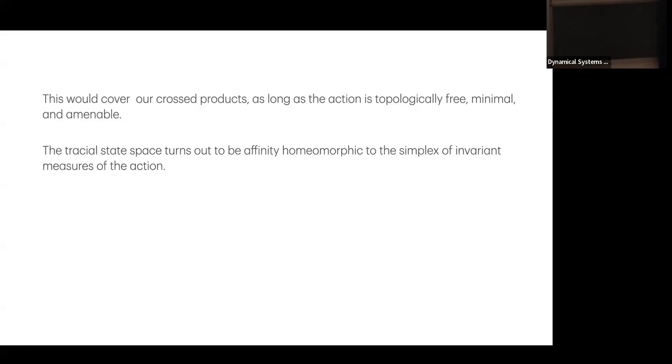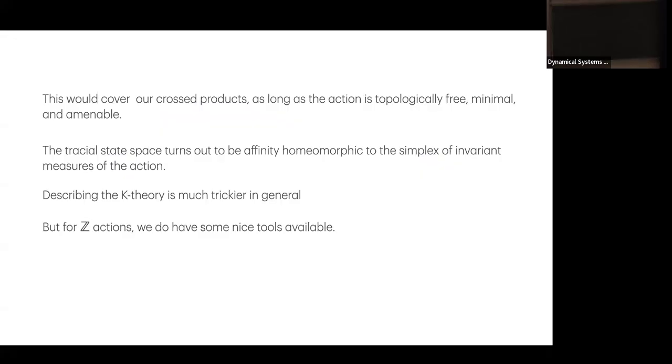I just said this on the last slide, but again, the tracial states can be read off directly from the action. But describing the K-theory in general is much trickier. There's no real good tools for this in full generality. For Z actions, we do have some nice tools available, and we'll see some more of those in subsequent talks.